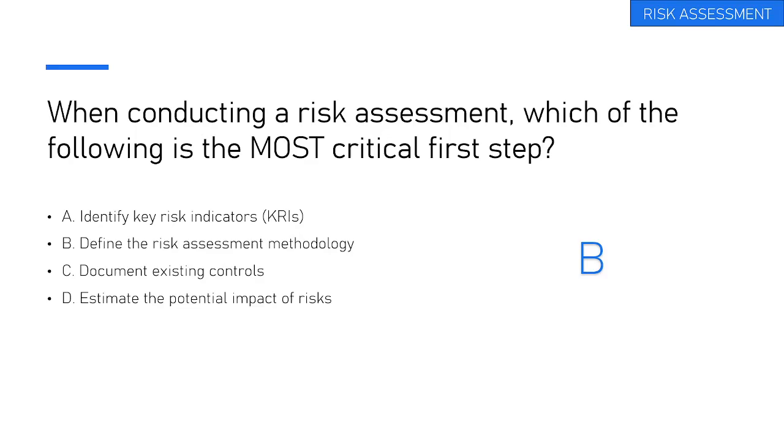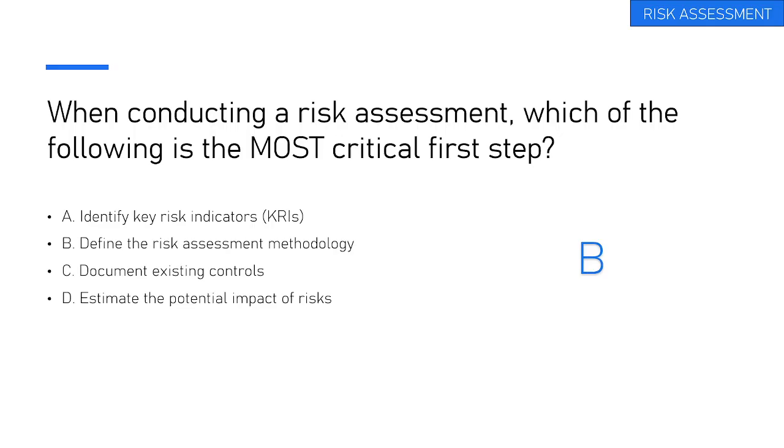And if you look at D, the estimation of the potential impact of risk, it also happens after risks are identified and after you set up the methodology, right? So that comes later. This is not going to be the first step. So when conducting a risk assessment, defining the risk assessment methodology is the first step.